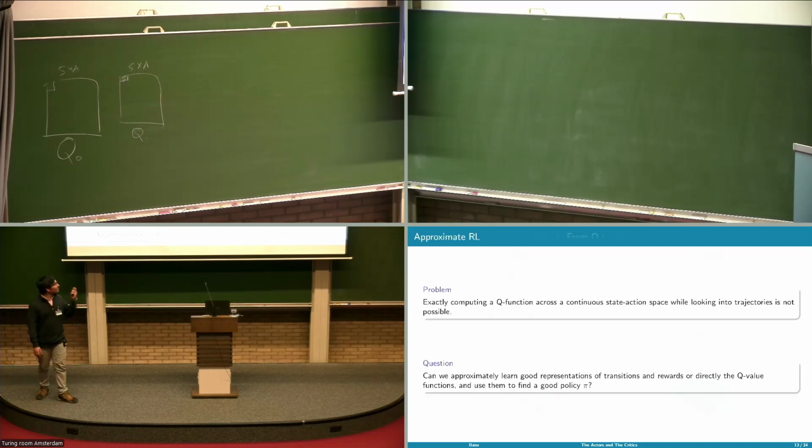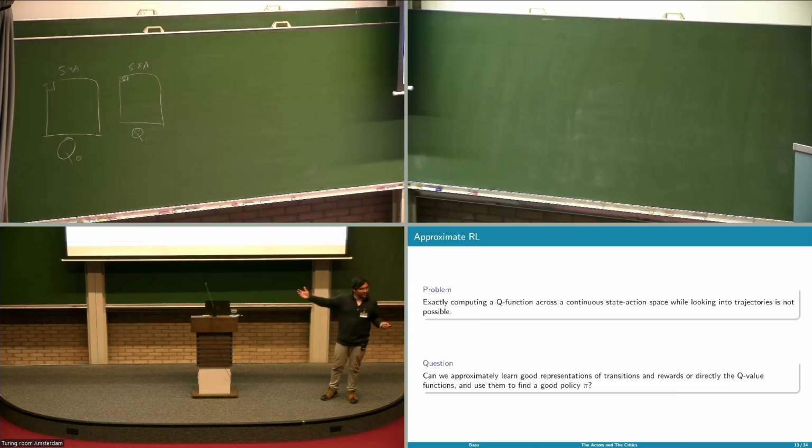Okay. So then the question is, exactly computing a Q function across continuous state action space while looking into trajectories, just trajectories coming out of the environment, is impossible, right? It's not possible to exactly compute that because it is an expectation of the sum of returns till infinite horizon, right?